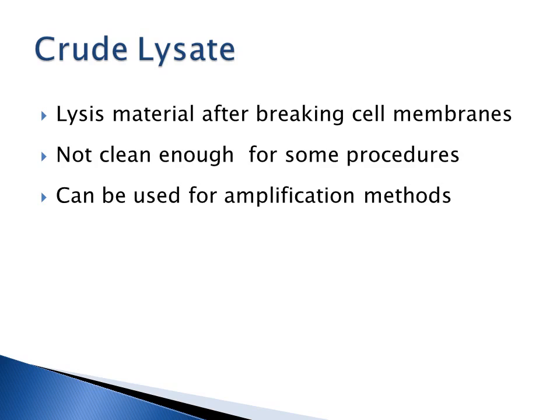You break open your cells using a detergent, you spin it down, you take your supernatant, and then you set up an amplification such as a polymerase chain reaction, and you have enough nucleic acid in there to get amplification. You really wouldn't want to use a crude lysate to run on a gel to see your genomic DNA because it's just not clean enough, but it can be used if you do further amplification methods on the sample.